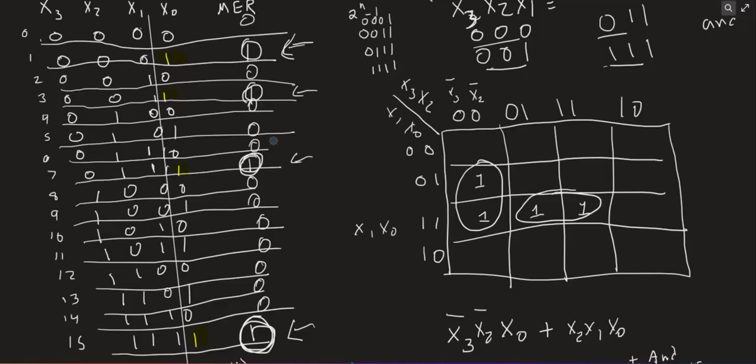But I noticed that all of the ones that I want to detect also have a 1 for x0. So I detect 0, 0, 1, 0, 1, 1, and 1, 1, 1. That's half of the detection, and then I AND it with x0, which then will tell me if those are both true, then I have a Mersenne number.